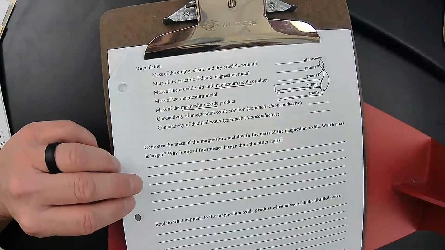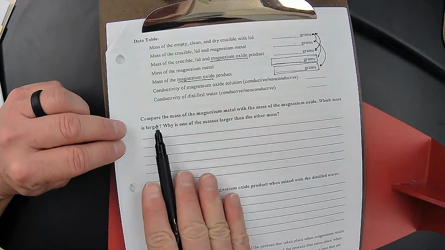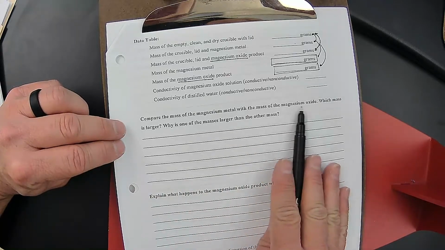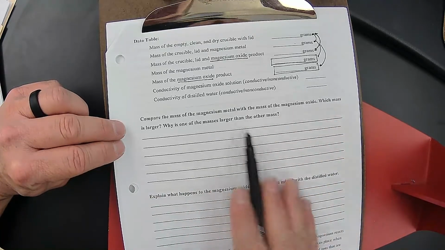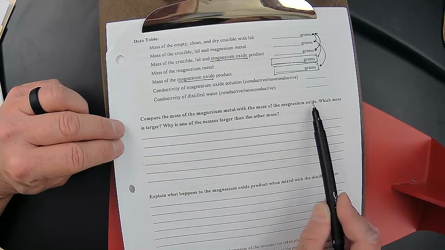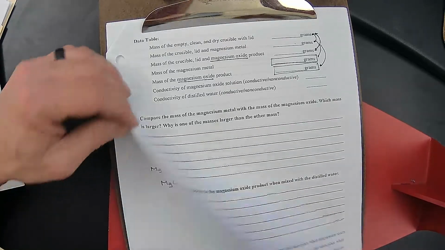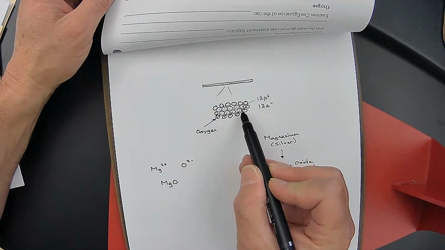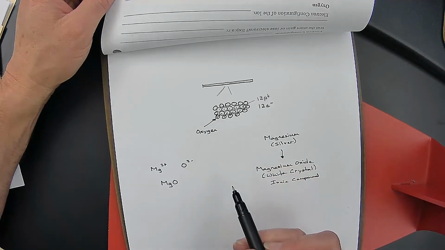oxygen as well. So then it asks, compare the mass of the magnesium metal with the mass of the magnesium oxide. Well, our magnesium oxide should have more mass than the magnesium metal because the magnesium metal only contained the magnesium atoms.